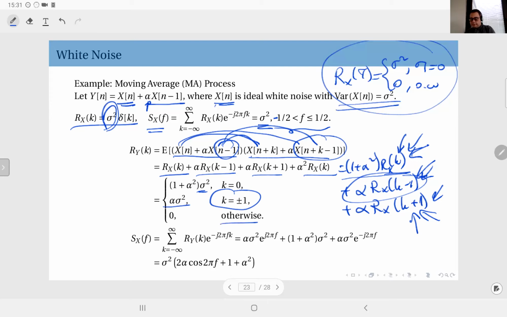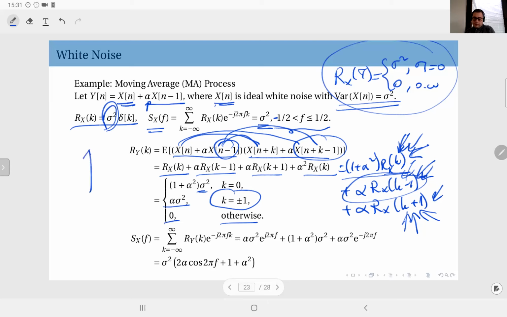Otherwise, whenever k is greater than 1 in magnitude, that means k is either 2 or more, or minus 2 or less, then none of k, k minus 1, and k plus 1 will be 0, which means all of the terms here are going to be 0. Therefore, the autocorrelation is going to be 0.